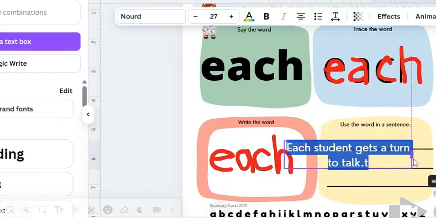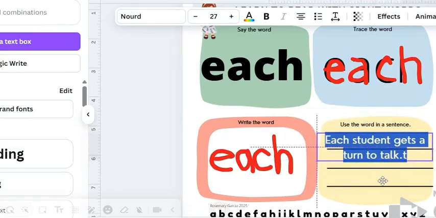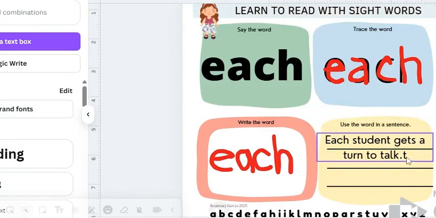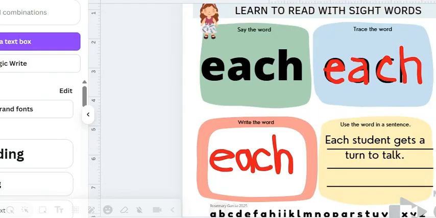Go ahead and write that sentence. And as always, use this sentence as a framework to try and write your own sentence. Each student gets a turn to talk.